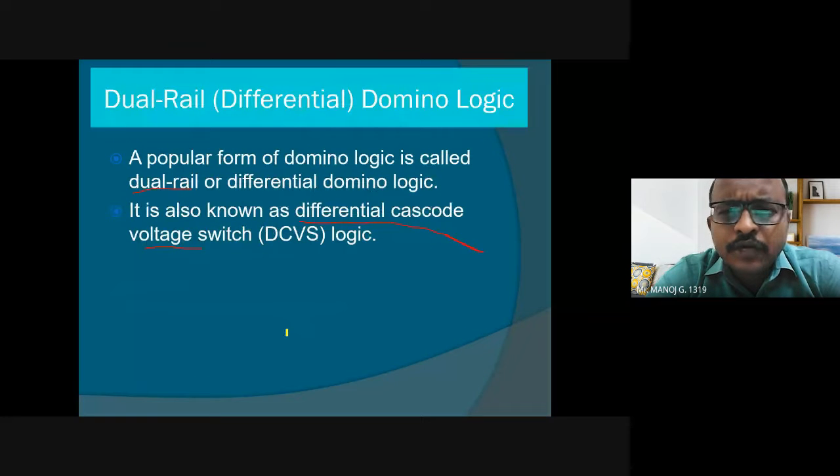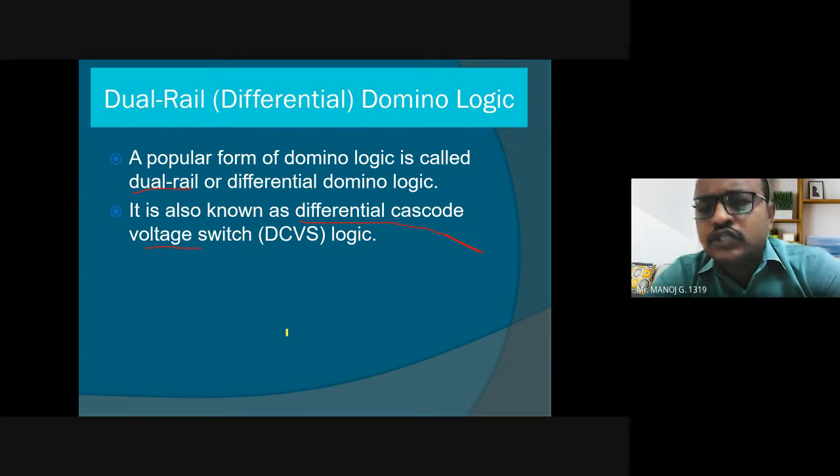We overcome that using differential cascode voltage switching, DCVS. They might ask you what DCVS is, so you should be able to expand it. That's differential cascode voltage switching, which overcomes the disadvantage of the conventional system. How do they do that?